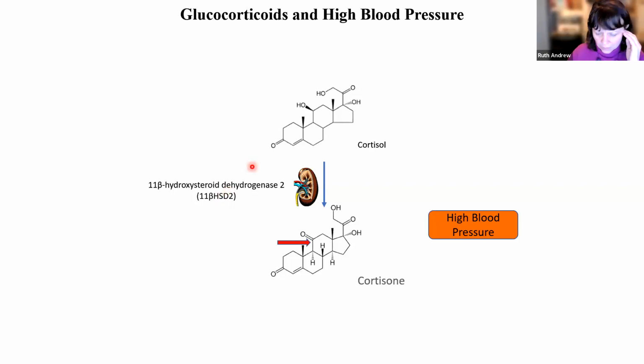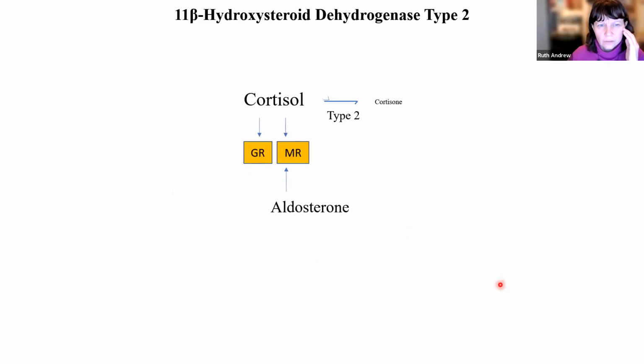So the way this works actually is glucocorticoids have at least two different receptors, the glucocorticoid receptor and mineralocorticoid receptor. And mineralocorticoid receptor has got two ligands. Both cortisol and aldosterone can act on the mineralocorticoid receptor. And the endocrine control mechanisms that generally control blood pressure and salt balance regulate aldosterone.